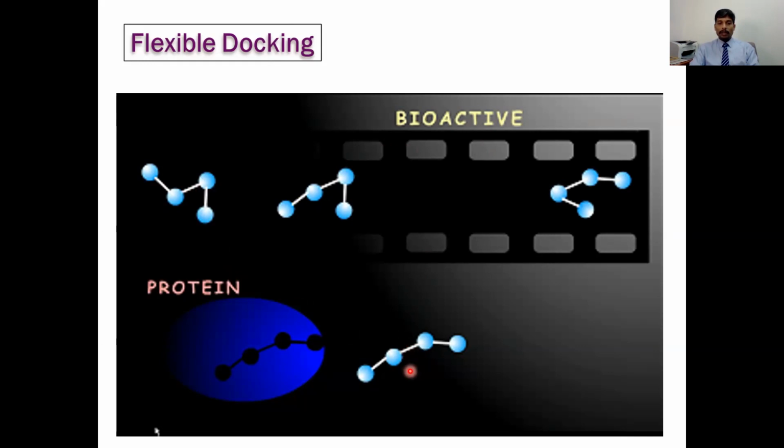See, this one is going to fit nicely into this binding site. If you put only the first one, without any freedom, and ask it to bind to the protein, it may not bind effectively. So you end up losing a potential drug candidate. That's why you need to give the ligand the freedom to change its conformations and go for docking.